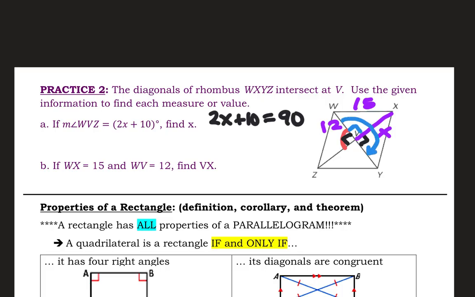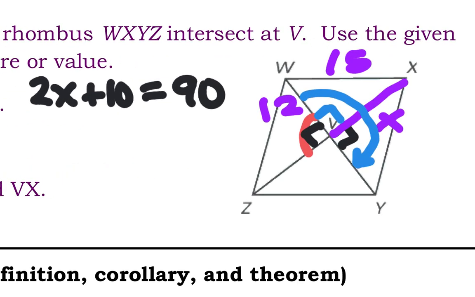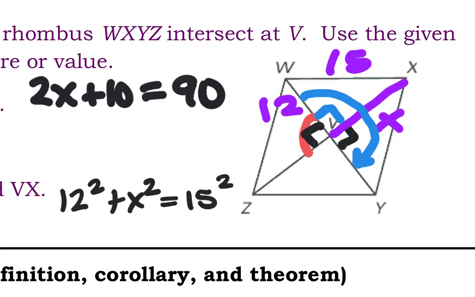So that means I can use the Pythagorean theorem to find this side. I can do a squared plus b squared equals c squared. Why does the 15 have to be the c? Who can tell me? Because it's across from the 90. So 12 squared plus x squared, those two can be interchanged. The 15 has to be isolated on the right side. Okay?